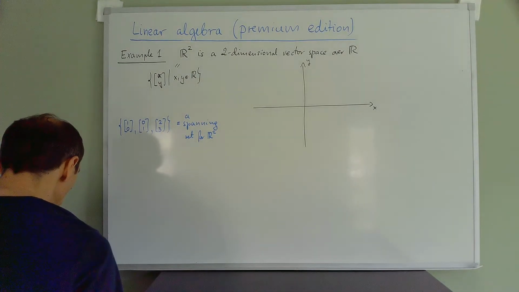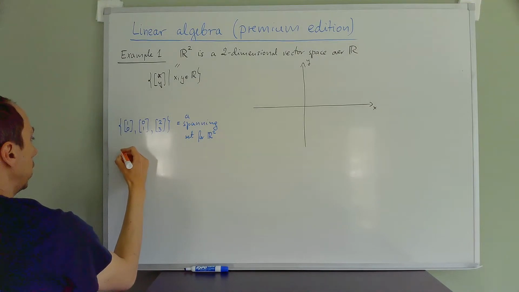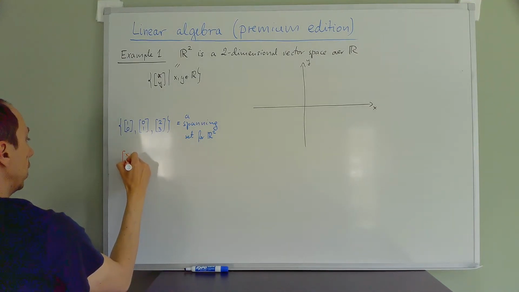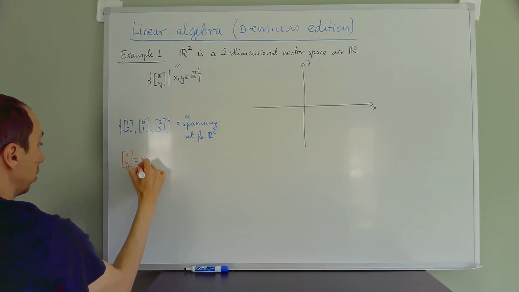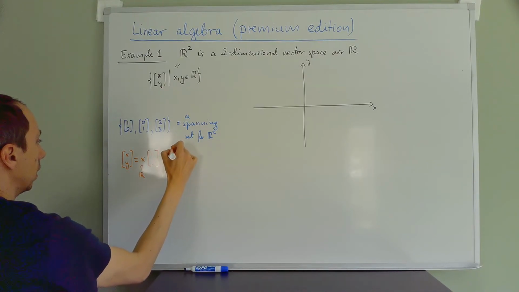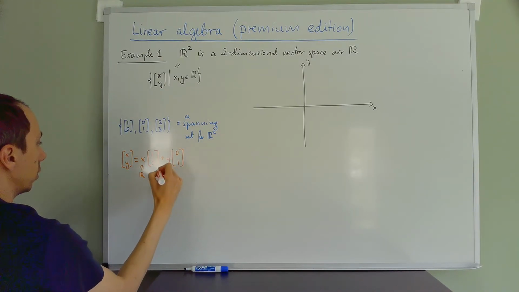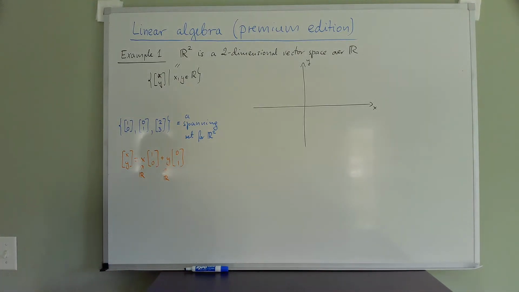So why is that? Well, because if I take any vector, let's say x comma y, I can just write it as x, which is a scalar, remember, that's an element of R, times (1, 0), plus y times (0, 1). So anything can be written using these vectors.